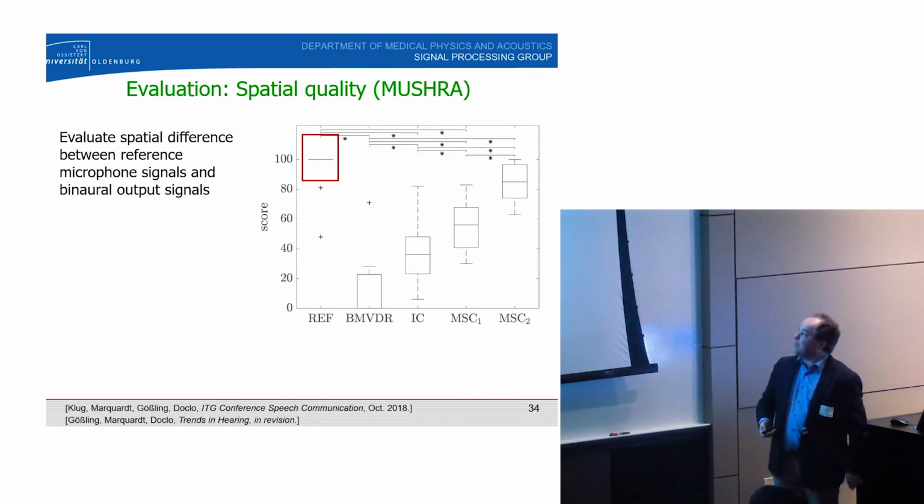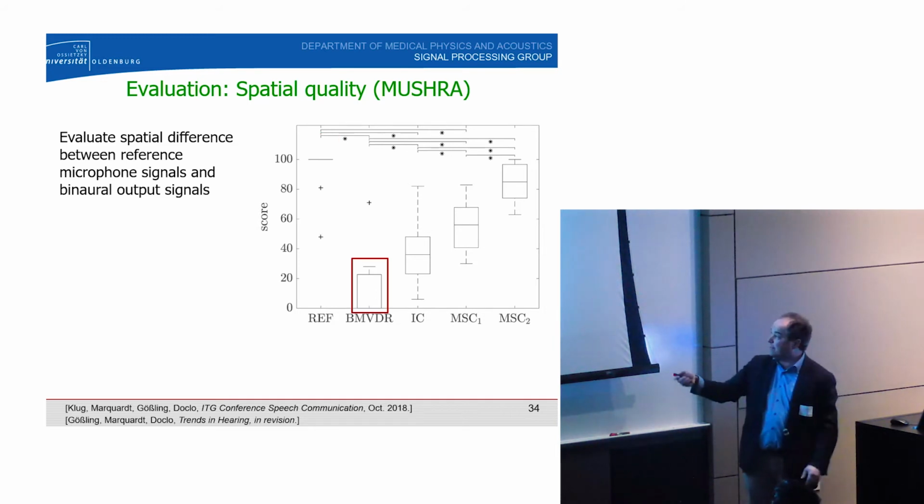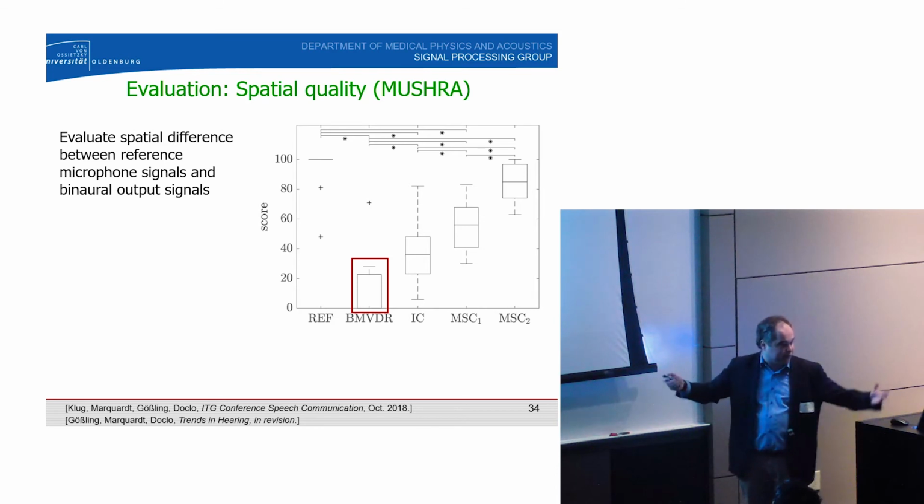So first, spatial quality. These are the MUSHRA results, where we asked to evaluate the spatial difference between the reference microphone signals and the binaural output signals. First of all, most of the subjects seem to recognize the hidden reference. And then for the binaural MVDR, just collapsing everything to one direction, you can see spatial quality is very poor, as we actually expected.